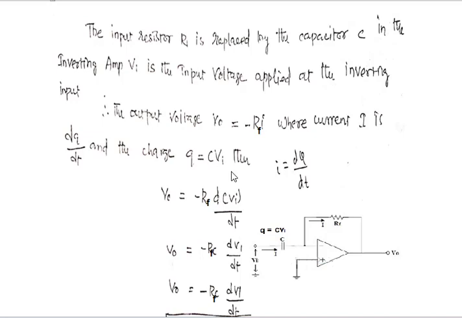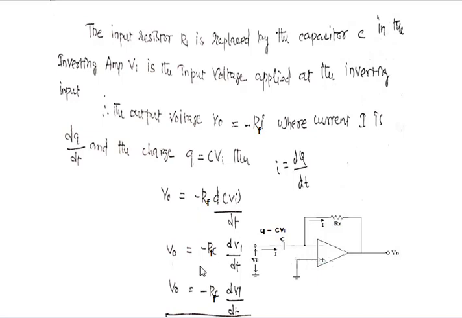From this, we know that V output is equal to minus Rf into current I. So substitute the value of current: I is nothing but dq by dt, and substitute Q equal to C Vi.